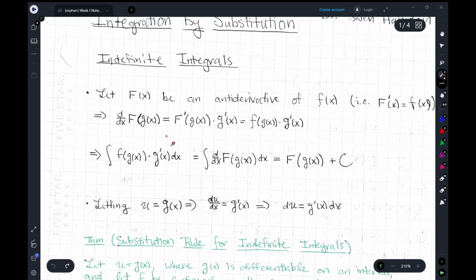Here we take the derivative of the outside function, and since we did that, we have to multiply by the derivative of the inside function by the chain rule. And since the derivative of capital F is lowercase f, we end up with this expression at the end.